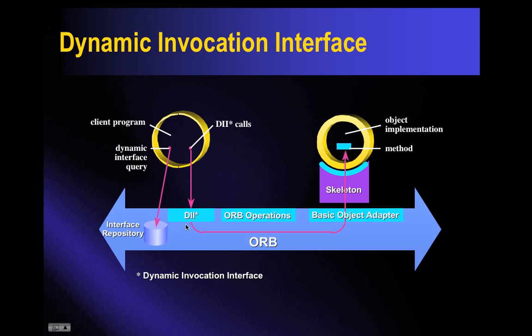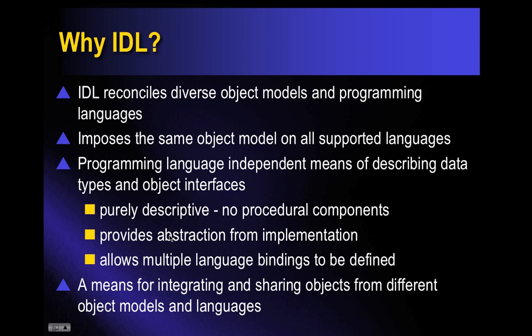We just have the interface repository that it goes through if it doesn't exist, and says, okay, make a dynamic instance and serve up this object. So it'll go over and pick it and pull it back. Why use the IDL? Well, it reconciles diverse object models and programming languages, and it's very flexible.